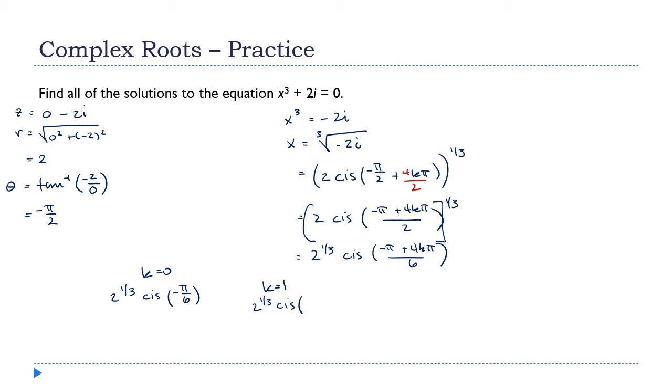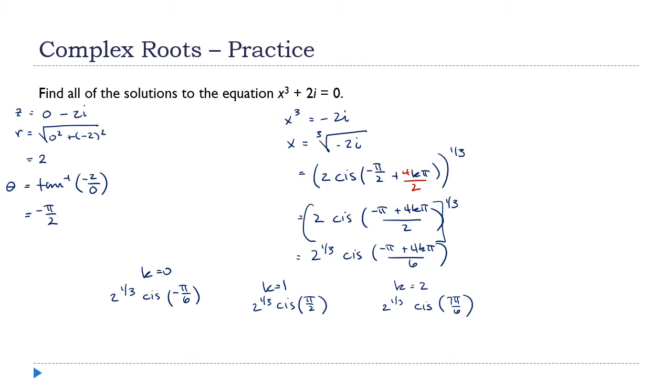So this is 3 pi over 6, which is pi over 2. And when k is equal to 2, that's 8 pi. So it's minus pi plus 8 pi. It's 2 to the 1/3 cis 7 pi divided by 6, excuse me, got a little messy. There we go.